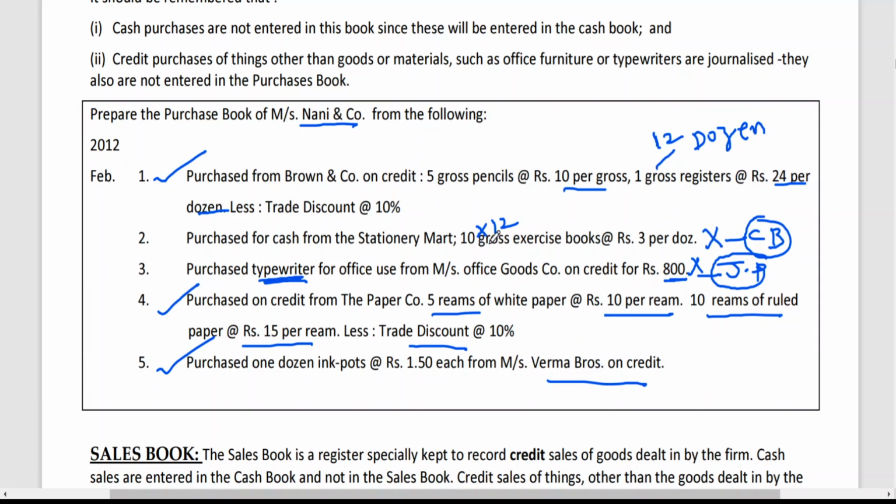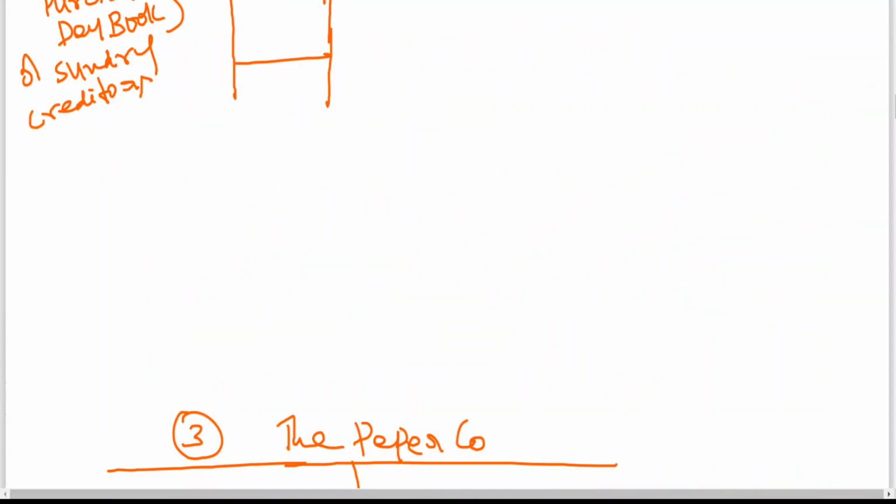I told you 1 gross is 12 dozens. Now 10 gross means 10 into 12, 120 dozens. 120 dozens into 3 rupees is coming to 360. That will be taken here, purchases account to cash.